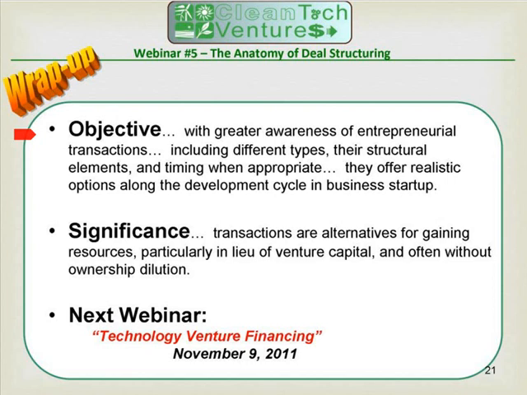The significance for presenting and raising awareness of transactions as ways to move technology forward is done to show that transactions are an option to venture capital, and they provide the benefit in not diluting ownership.